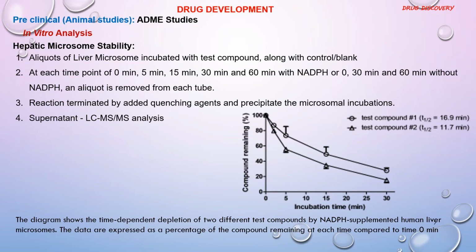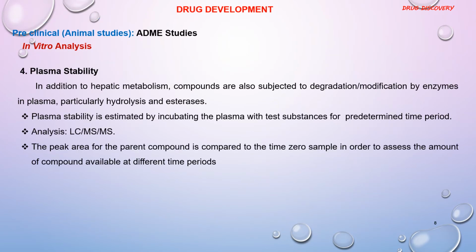From the graph, the half-life of the compound can be estimated. The plasma stability of the test compound is estimated by incubating the plasma with test substance for a predetermined period. The aliquots are pulled out and tested and analyzed by LC-MS method.